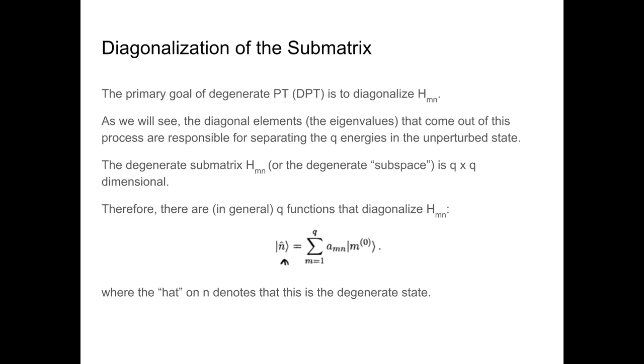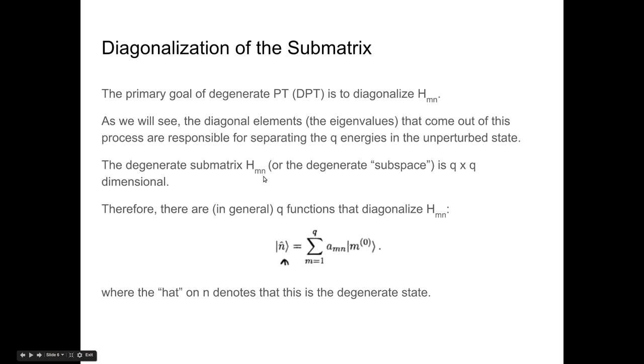The diagonal elements, once we diagonalize this, are nothing but the eigenvalues that come out of this process. They're the values that are responsible, in a sense, for separating the Q energies.